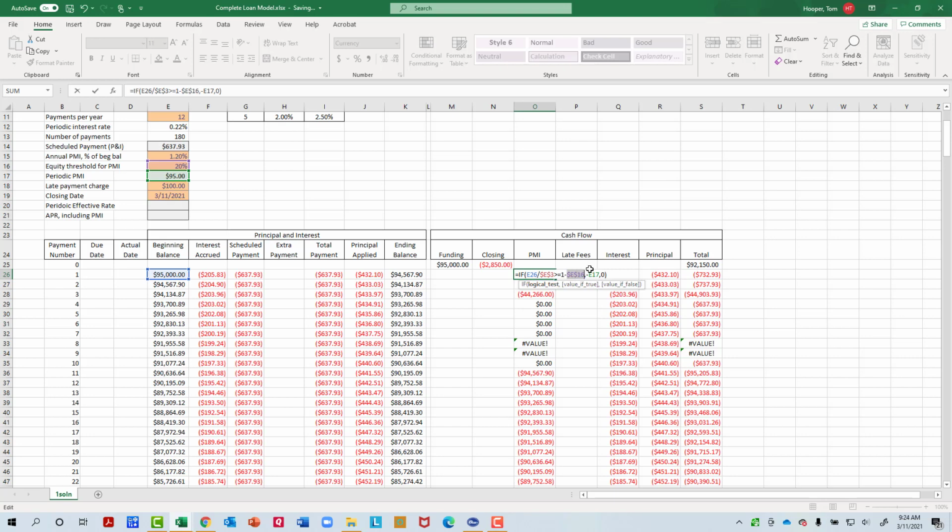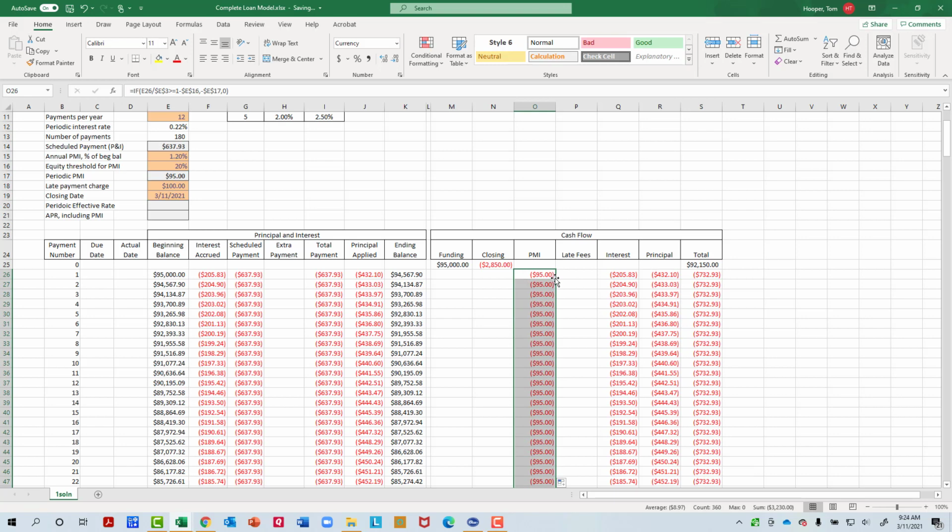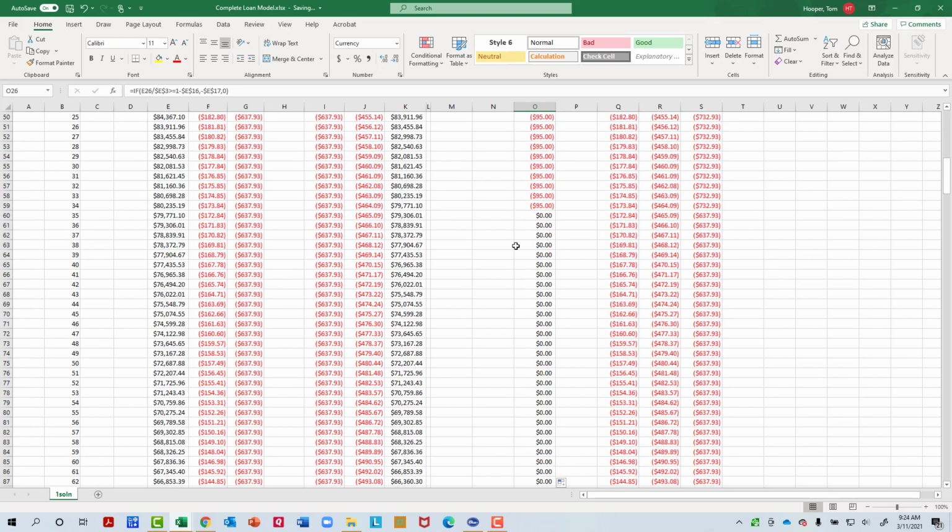Both on E16 and on E17. Where else? The rest look good. So now I can just double click on that one. And so I'm paying the private mortgage insurance, the interest and the principal, through about $80,000. So once I get the loan down to about 80% of the value of the house, I can stop paying the mortgage insurance.